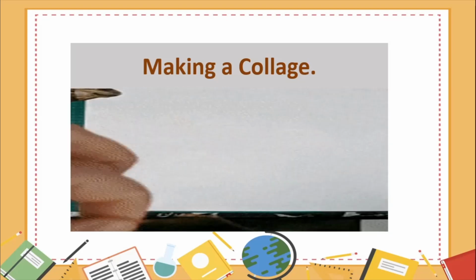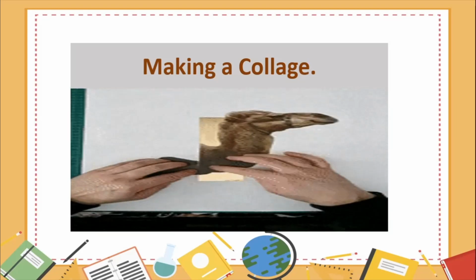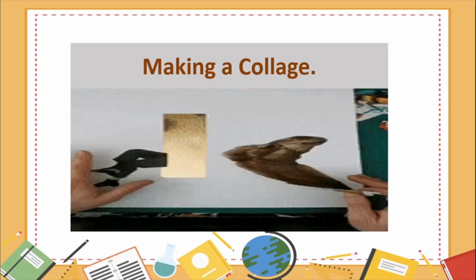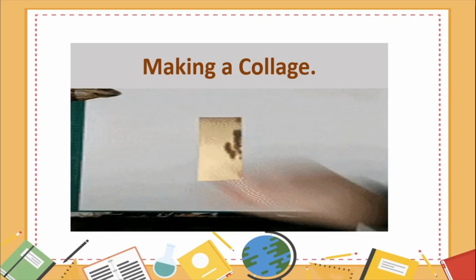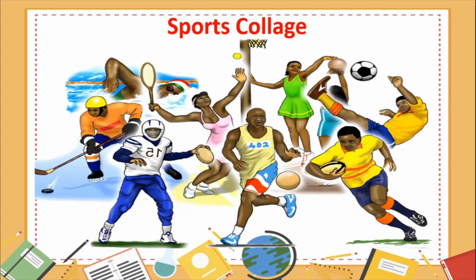Collages may be about various subjects or various things. So come on, let us look at a collage here. This is a collage about sports. You can see various forms of sports shown in this collage.